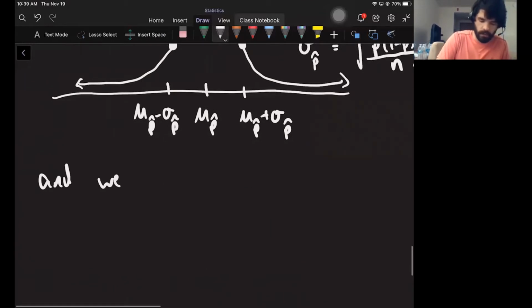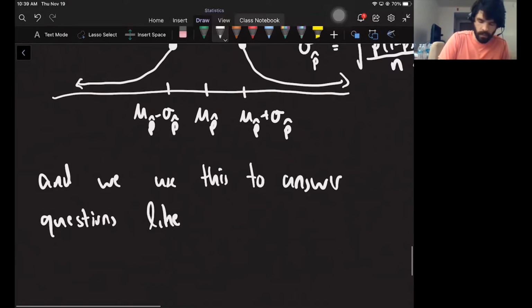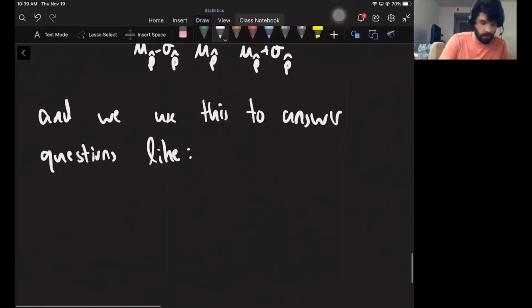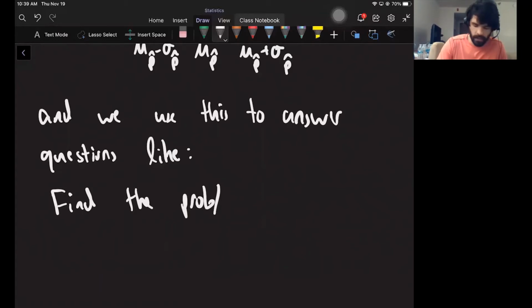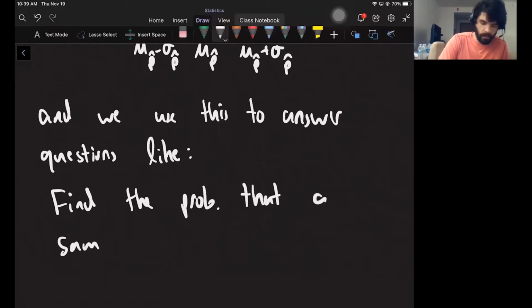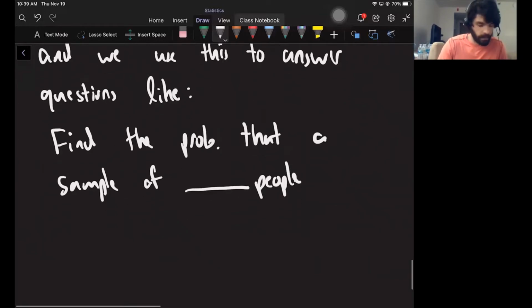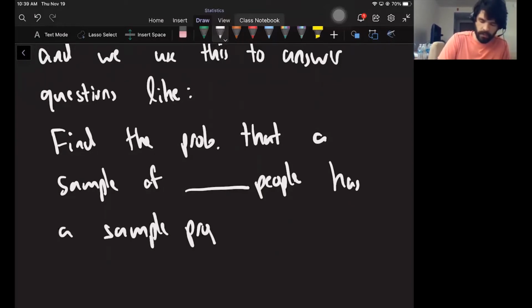So we use this to answer questions like we've seen before: find the probability, or maybe percentage, but I'll just keep it as probability, that a sample of some number of people, or whatever population you're studying, has a sample proportion.